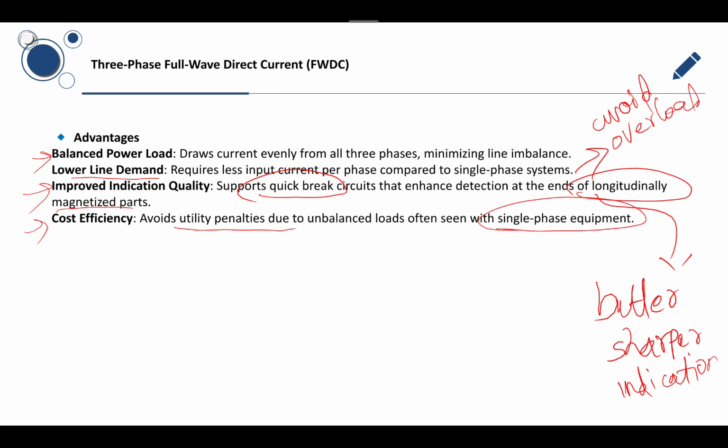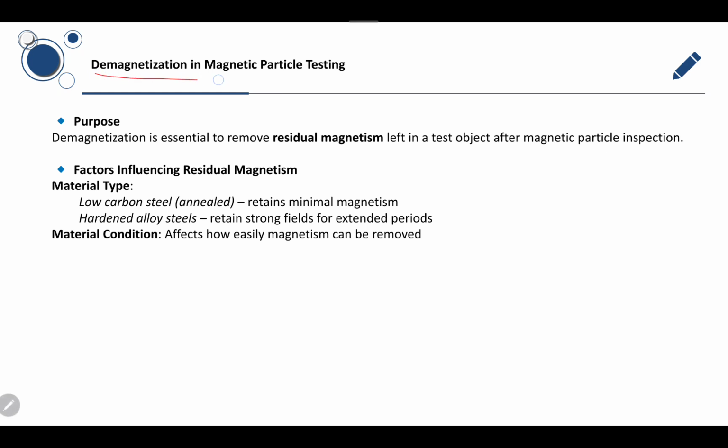Next, we will discuss demagnetization in magnetic particle testing. After conducting an MPT inspection, removing any residual magnetism is often crucial. Demagnetization is essential to remove residual magnetism left in the test object.